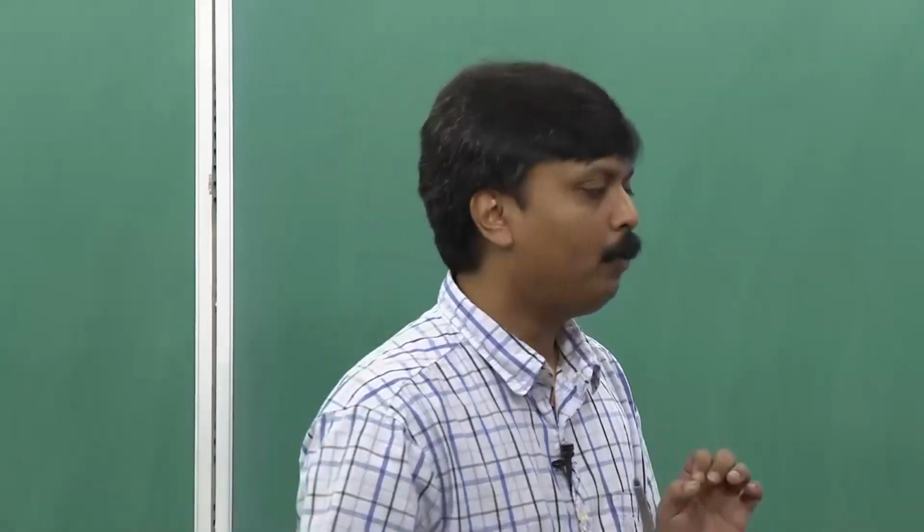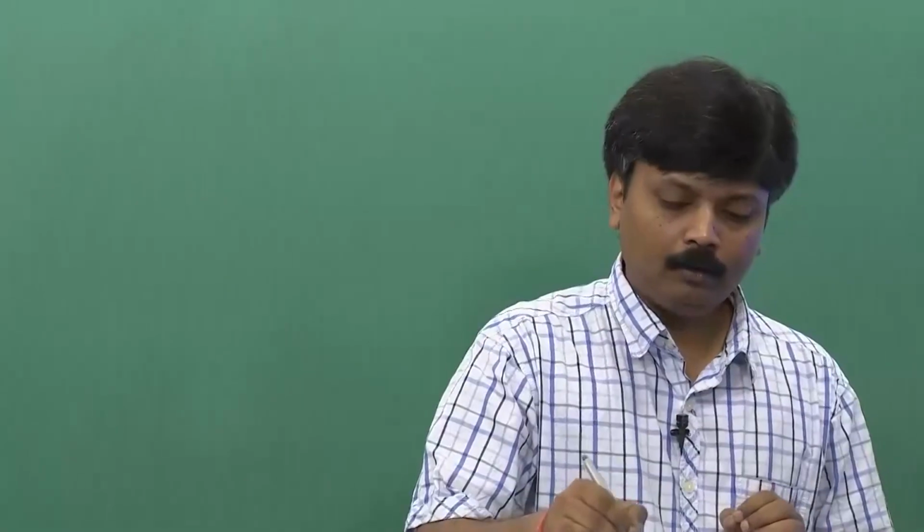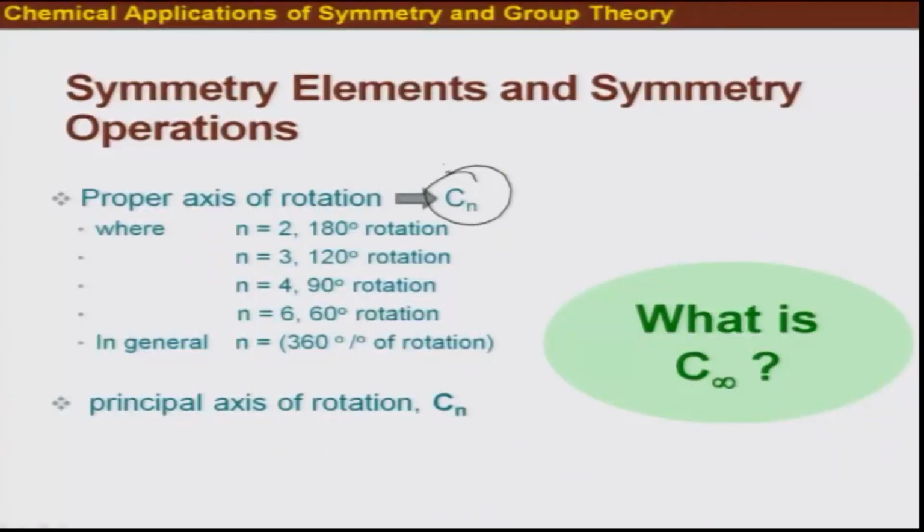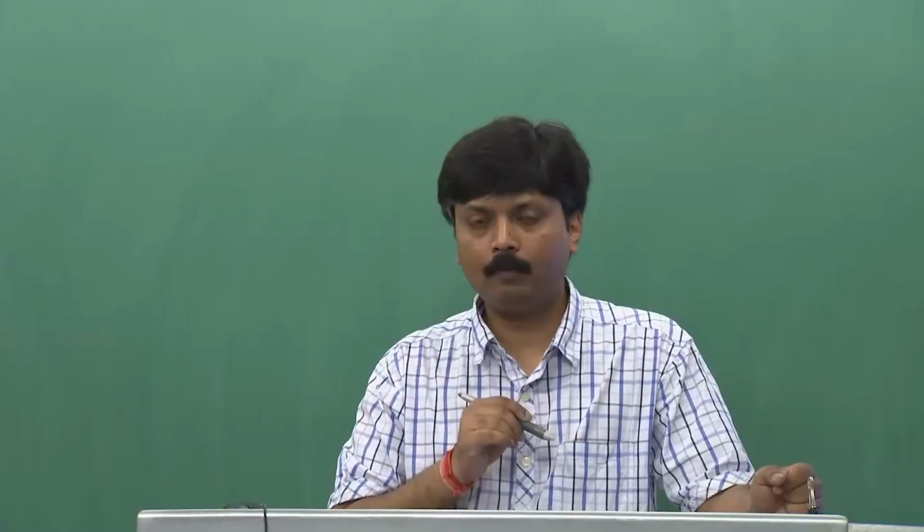And this axis of proper rotation, this symmetry element, is designated by Cn, C subscript n. Now in that particular example that I gave you in the last class, we had a 120 degree rotation about that particular axis which is perpendicular to the triangle. So what is this n? Okay.